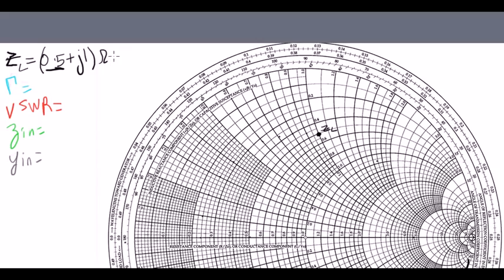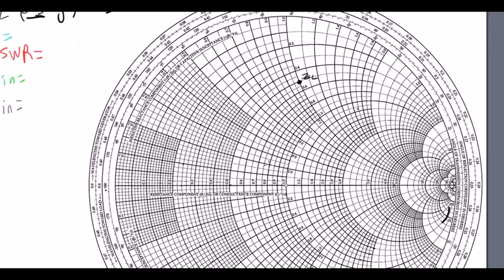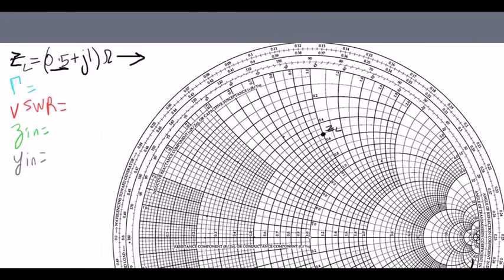Now that we've drawn the normalized load impedance, we go into the reflection coefficient. Now the reflection coefficient obviously has an angle and a magnitude in polar form.